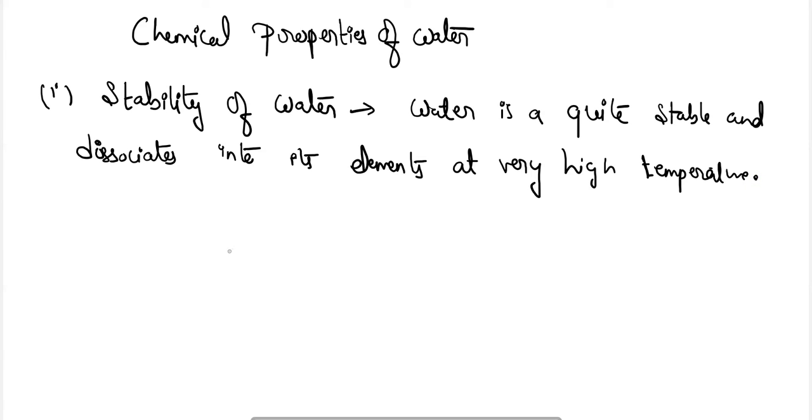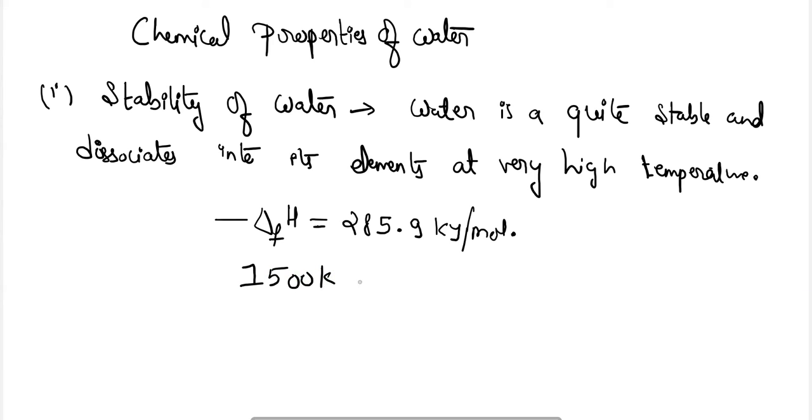The reason here is that it has a very high negative enthalpy of formation, which is 285.9 kilojoule per mole. Okay, and it starts to decompose at 1500 Kelvin temperature.